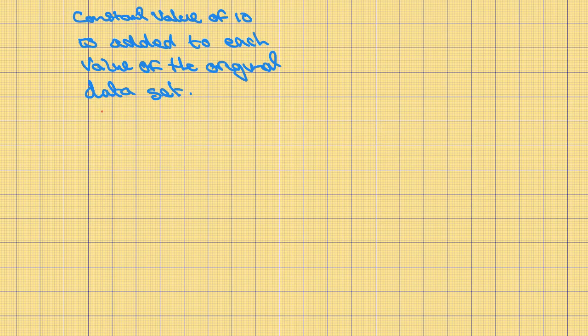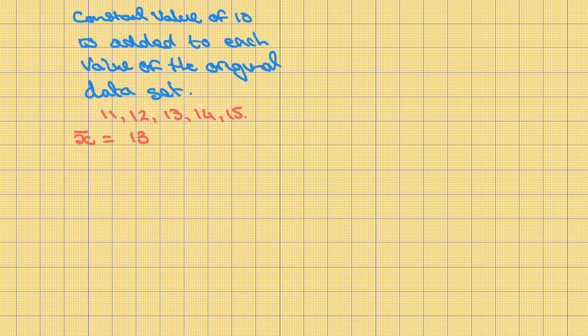Well, that would be 11, 12, 13, 14, 15. The new data set is still symmetrical around 13. So the new mean would be the old mean 3 plus the 10, which is 13.